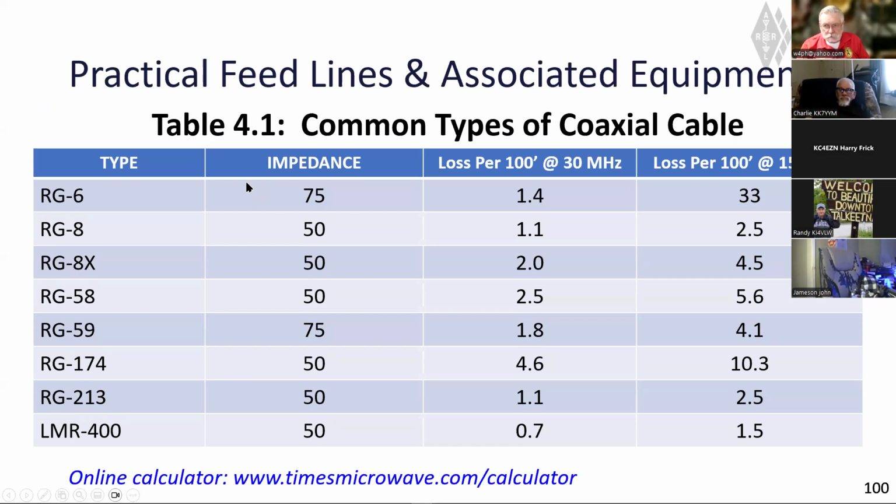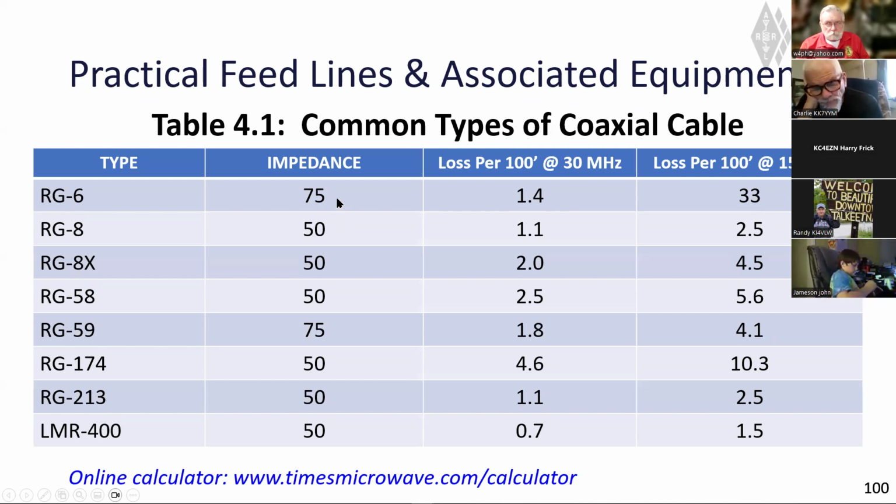Practical feed lines and associated equipment. Table 4.1. Common types of coaxial cable. RG6 is 75 ohm. Its loss per 100 foot at 30 megahertz is 1.4 decibels, and per 100 feet at 150 megahertz is 3.3.